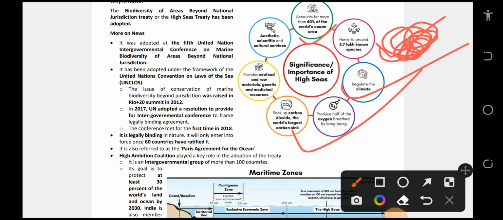The third importance is that it accounts for more than 60% of the world's ocean area. It means the high seas occupy 60% of the world's ocean area.